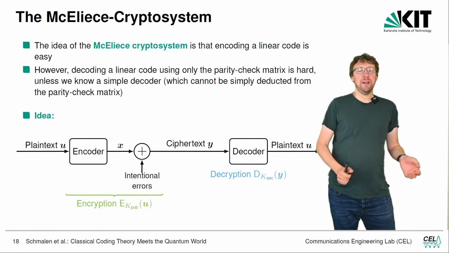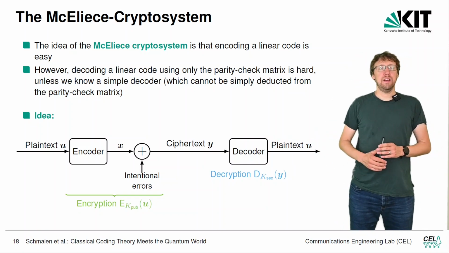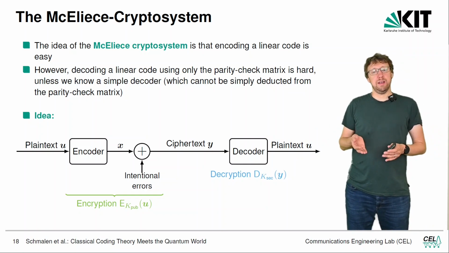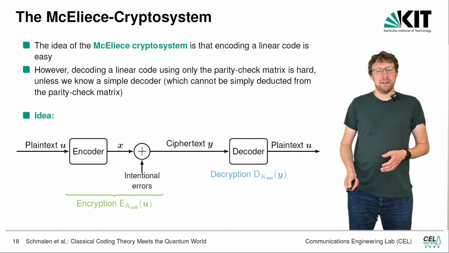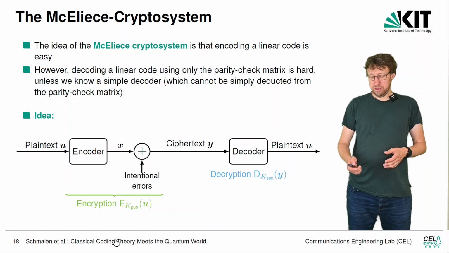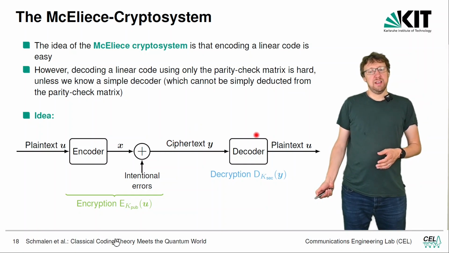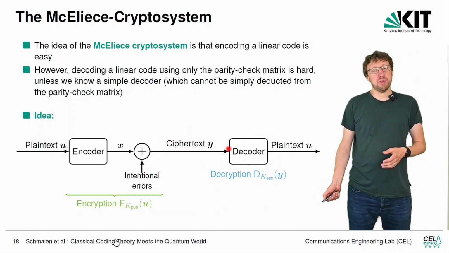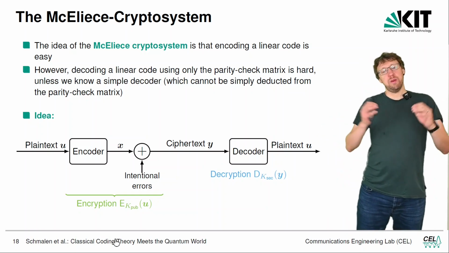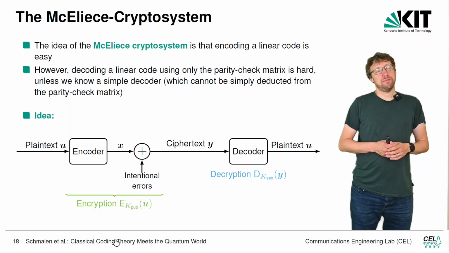So what is the idea of the McEliece crypto system? You take your plain text, you encode it with an error correcting code, and you add intentional errors. This is your ciphertext. Then your decryption is essentially a decoder that removes the intentional errors and gives you the plain text.